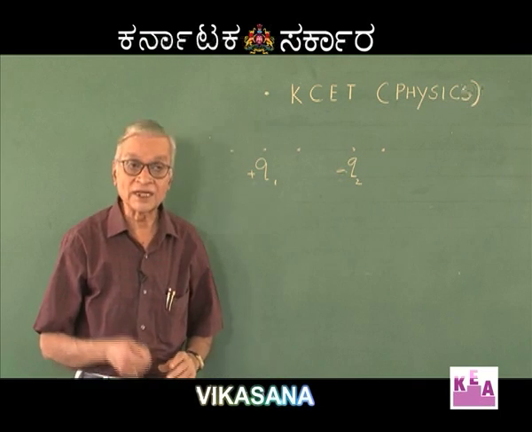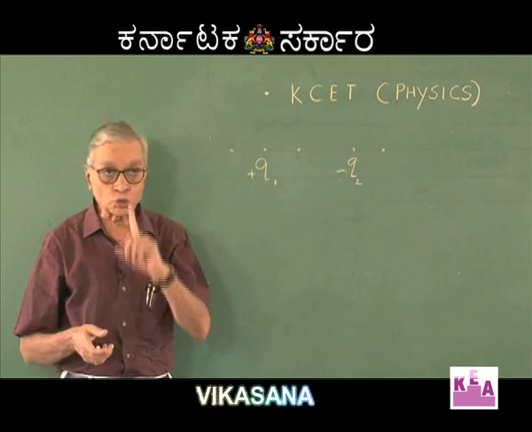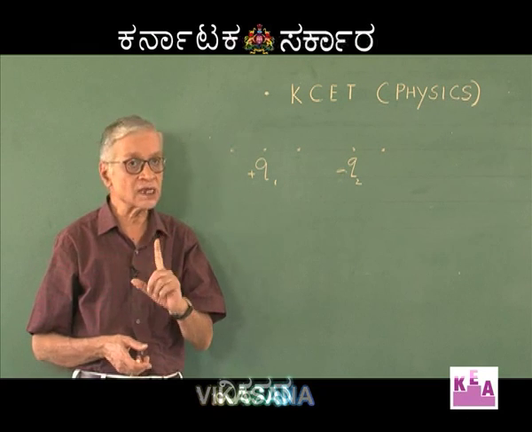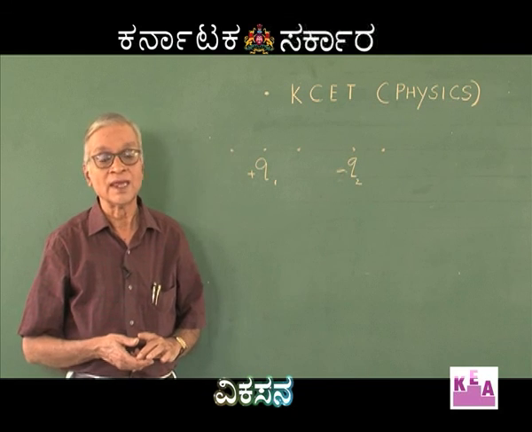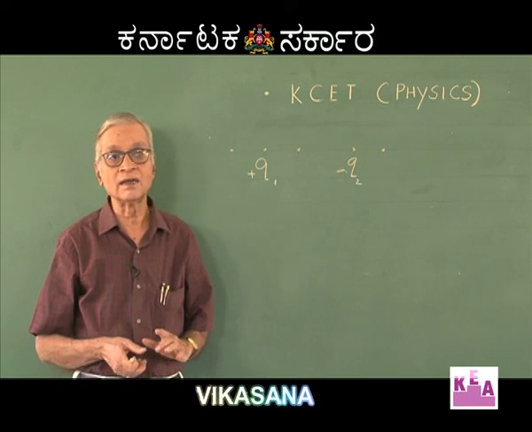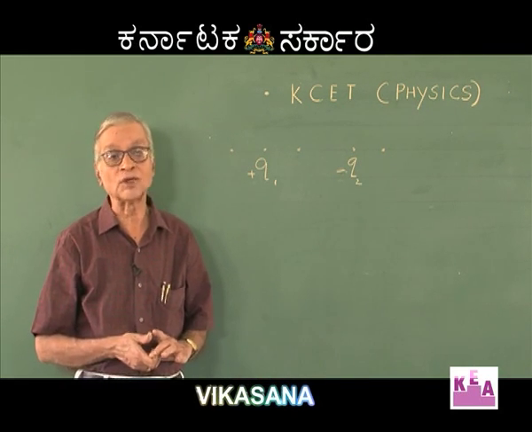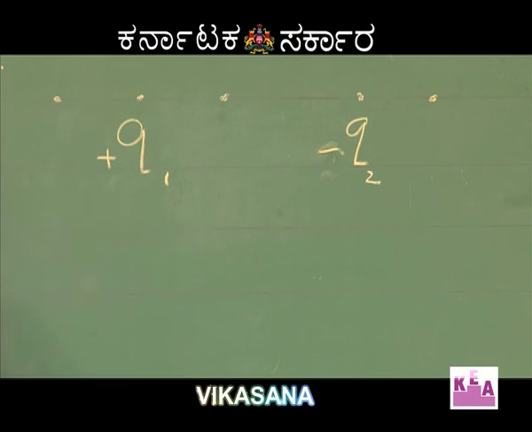But among these 2 points, you should choose a point which is closer to the smaller of the 2 charges. With this idea to guide us, I will take one question to illustrate the idea that I have told you.